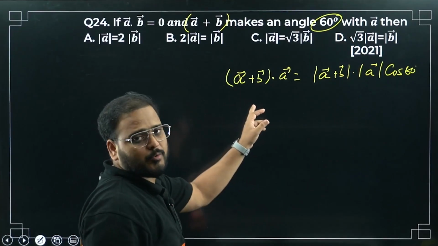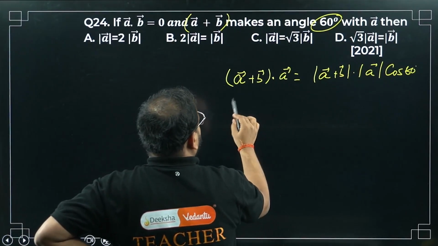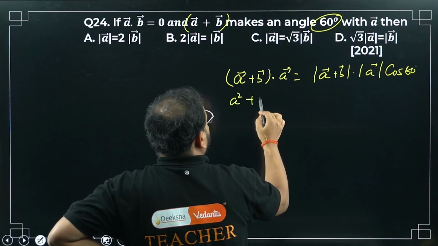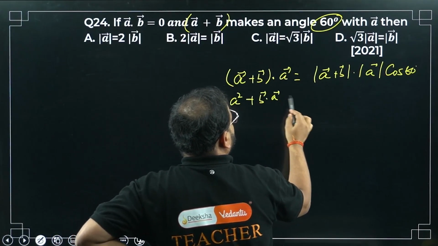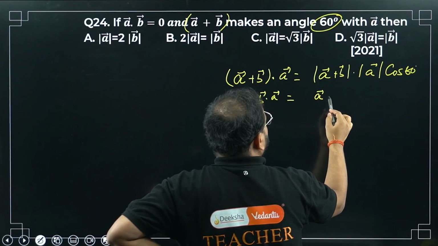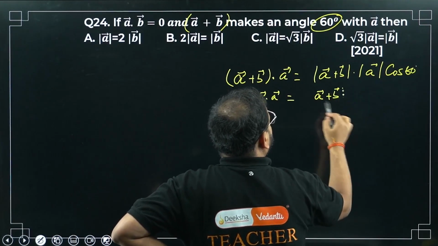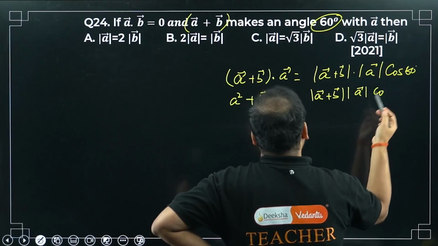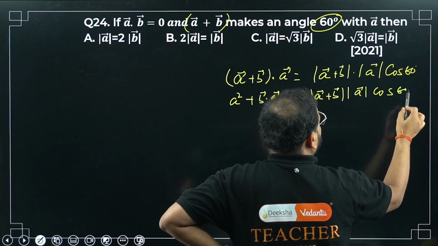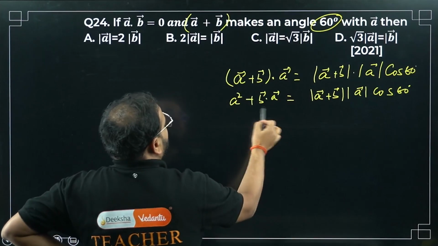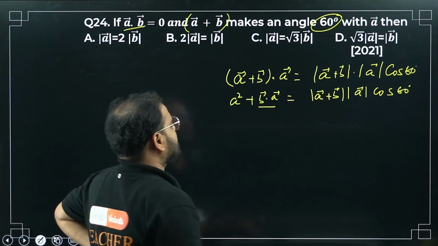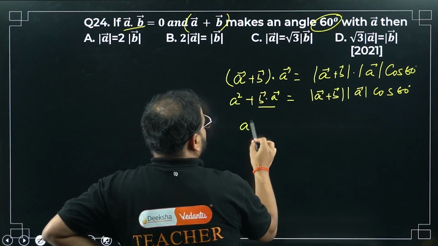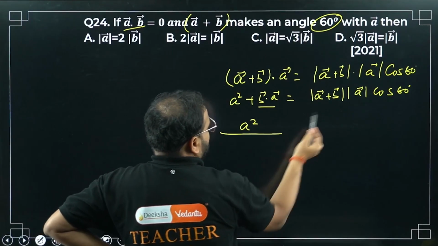What I've written is the dot product. Please check. A dot A is A square, and this B dot A equals what? Write this as it is. A plus B, and A cos 60 degrees is what? We'll write it later. Don't worry. So B dot A is what? A dot B, B dot A, is 0, sir. This part is 0. So I can write here A square upon, bring this over here.